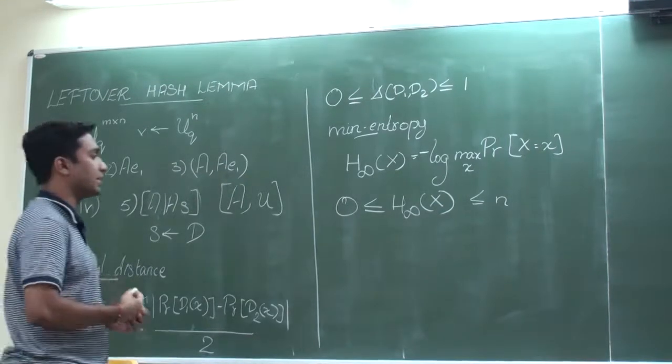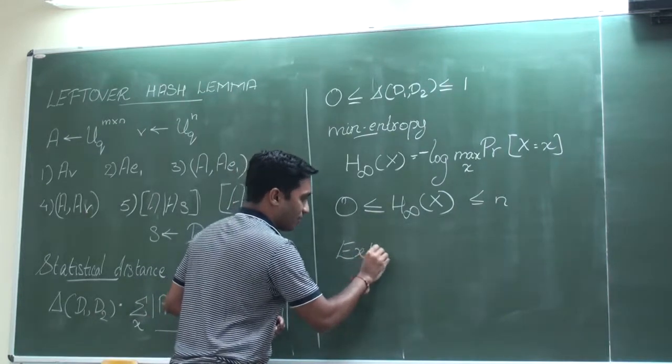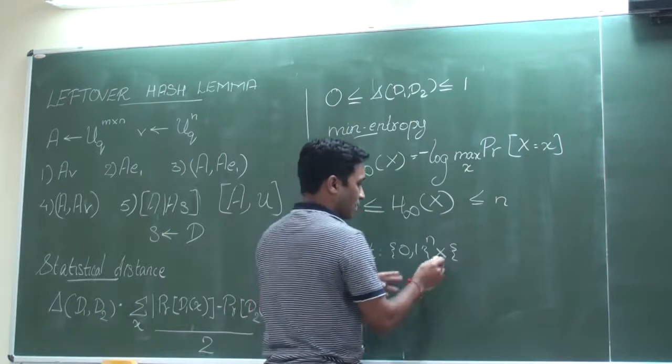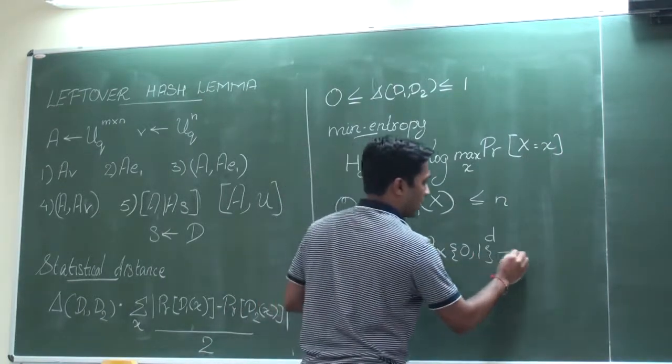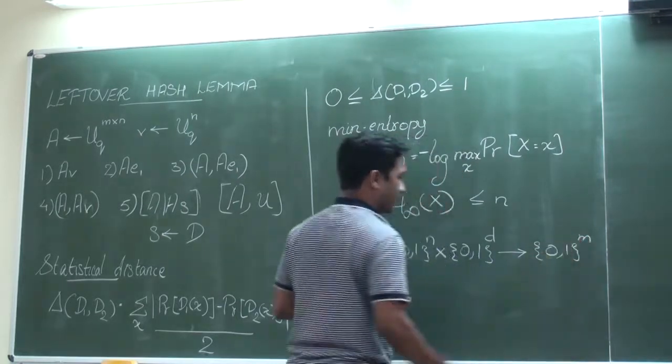Now let's go to the definition of extractors. An extractor is a function which takes as input an n-bit string and a d-bit string, and outputs an m-bit string.